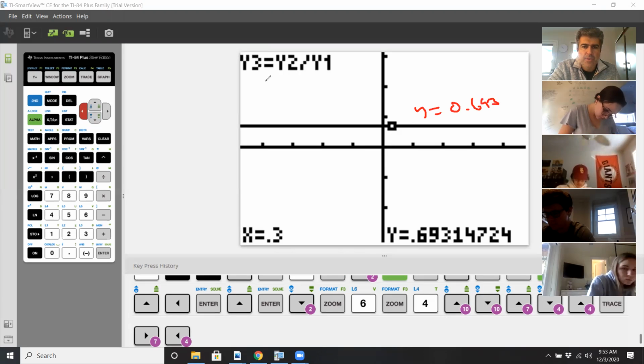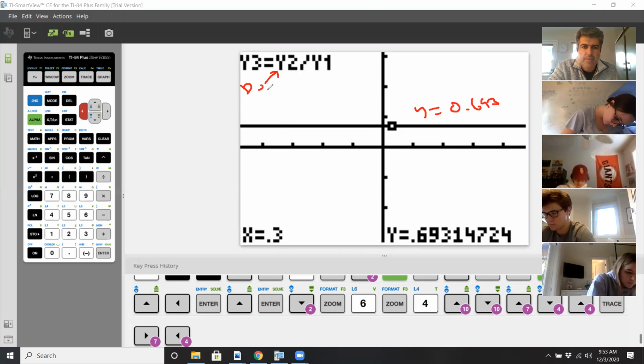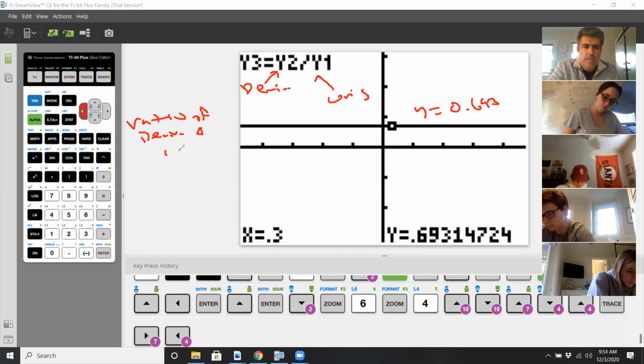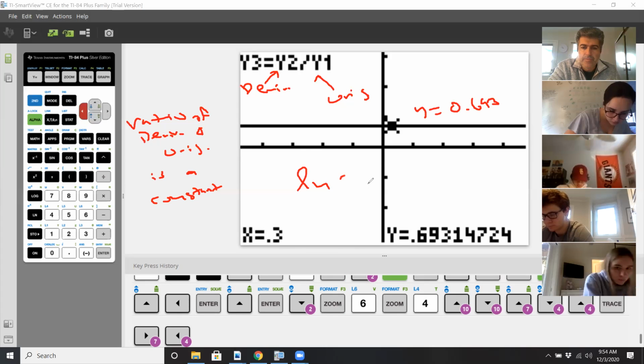So apparently, y2 is my derivative, and y1 is the original. So the ratio of the derivative and the original is a constant. In fact, what if you do the natural log of 2?